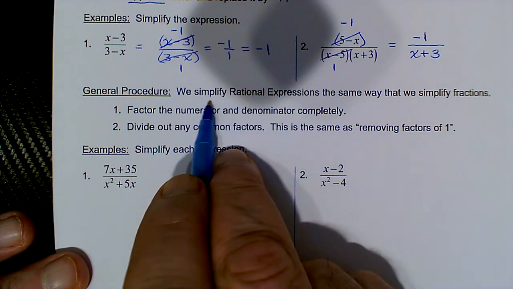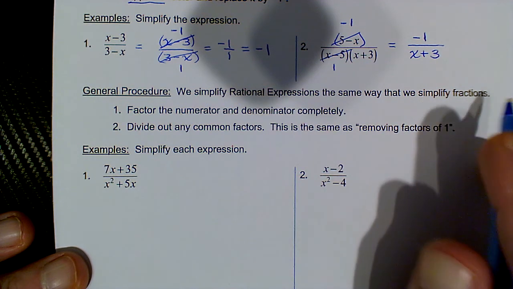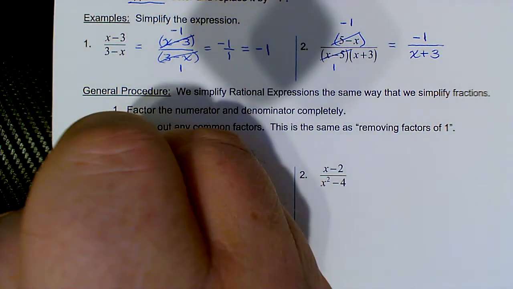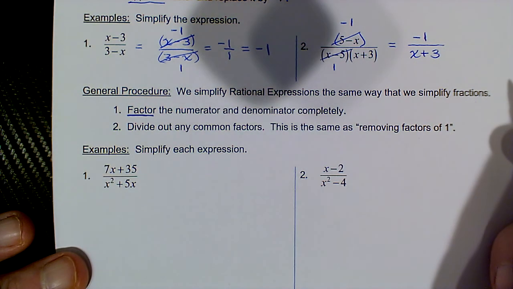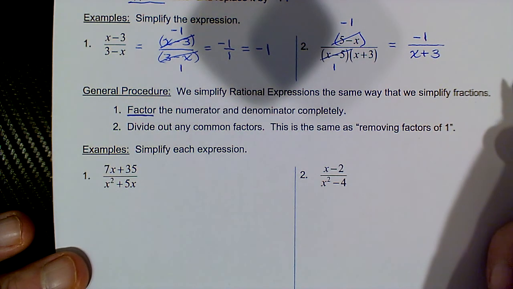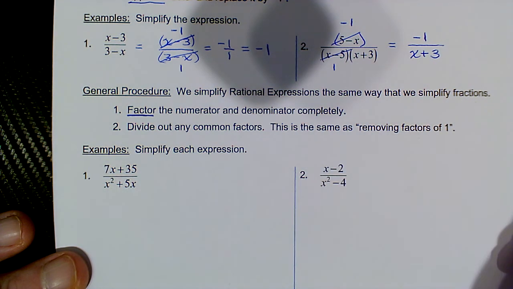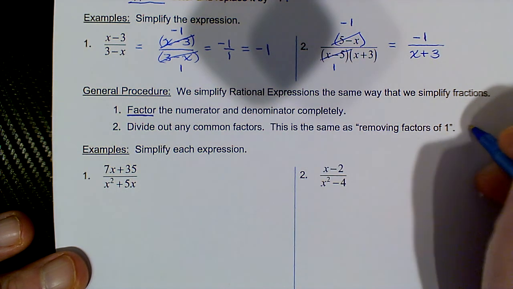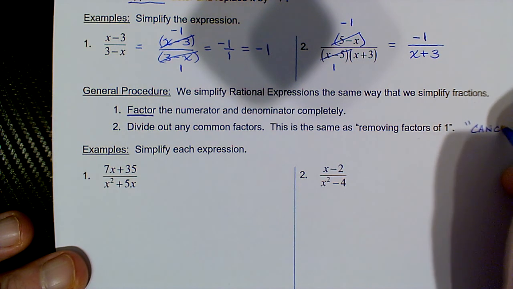But the first thing is to factor. So you got to factor the numerator and the denominator completely. And then divide out any common factors. And as I mentioned, it's the same as removing factors of 1. And I'm using the bad word cancel, right? Which some instructors don't like to hear you say.